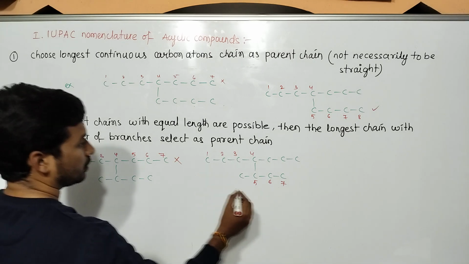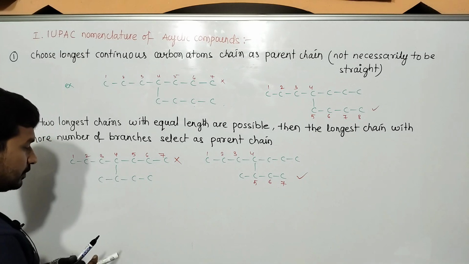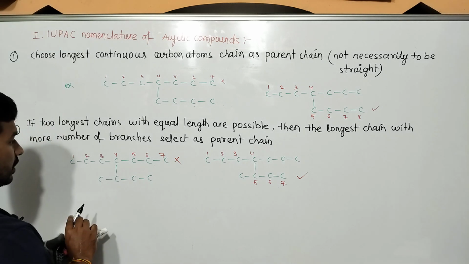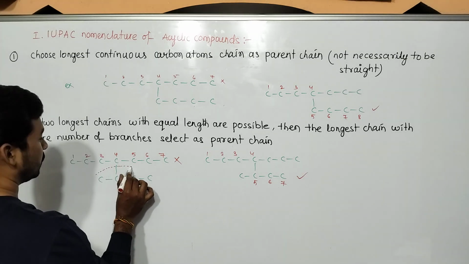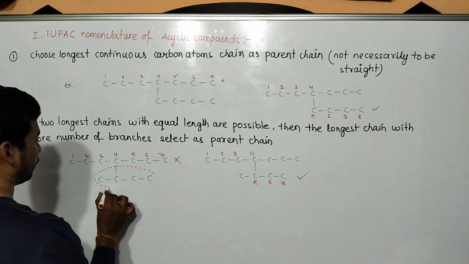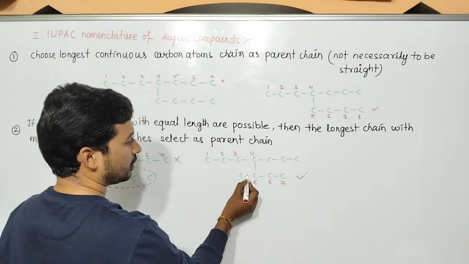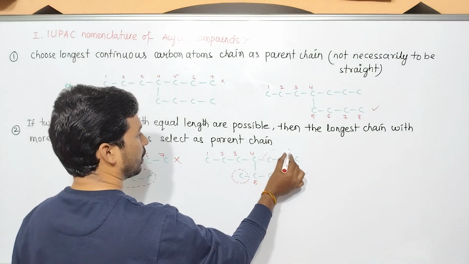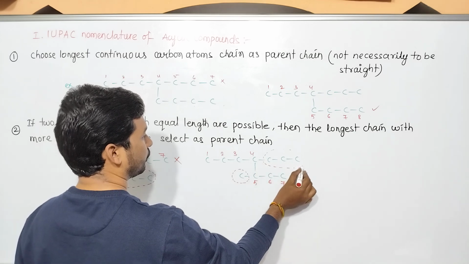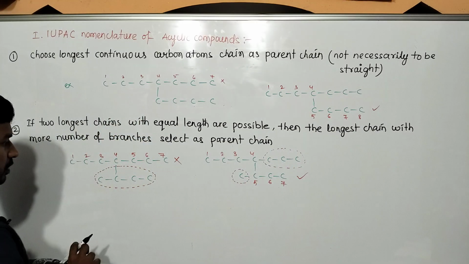So if you see, this is the wrong method. This is said to be the correct method, because for this one there is only one branch. This is the branch. For this chain, this is one branch and this is another branch. So how many branches here?